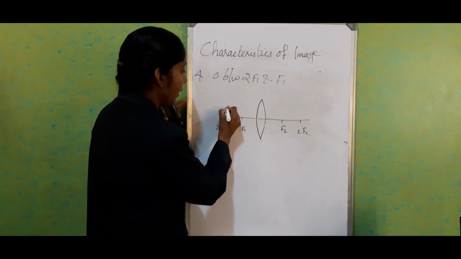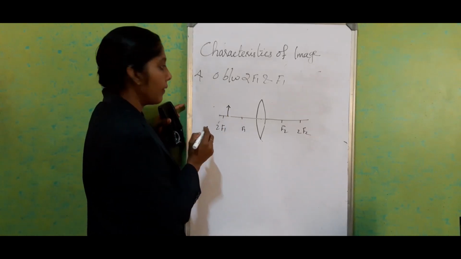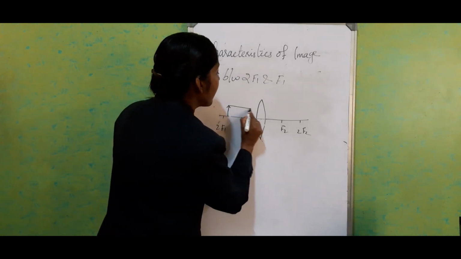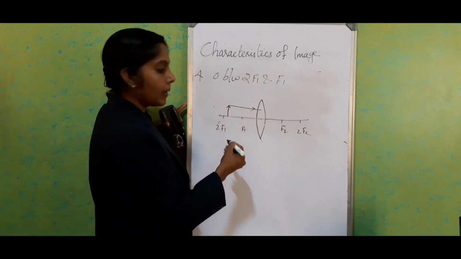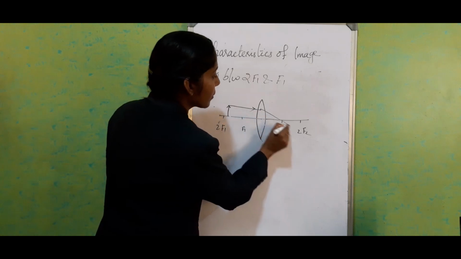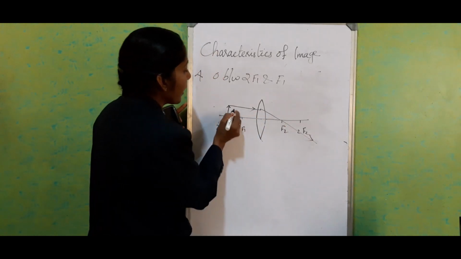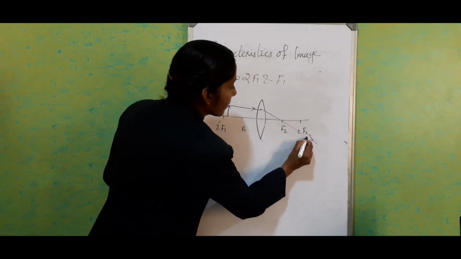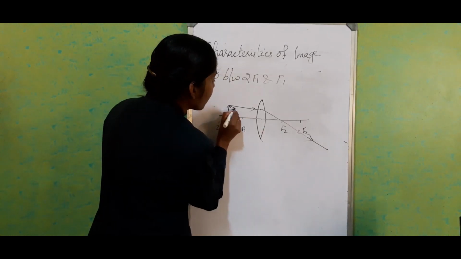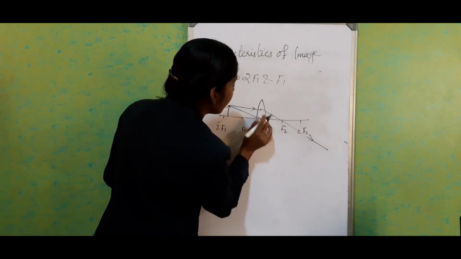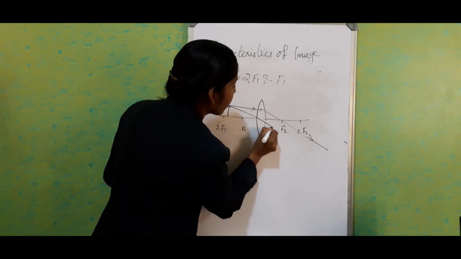Now object is between 2f1 and f1. So here we have the object. First ray, which is parallel to the principal axis, after refraction passes through the focus. Second ray passes through the optic center.